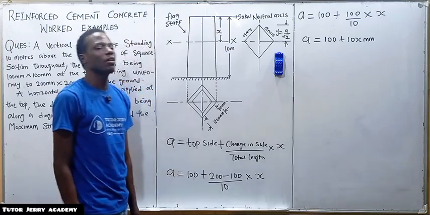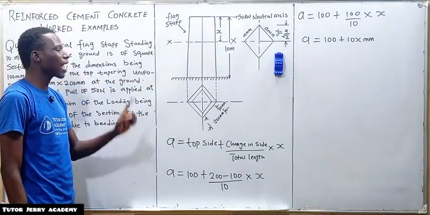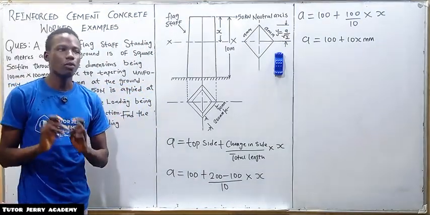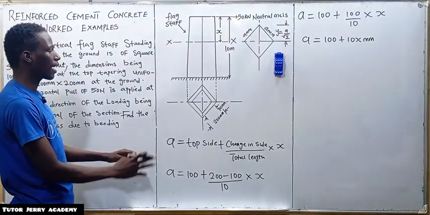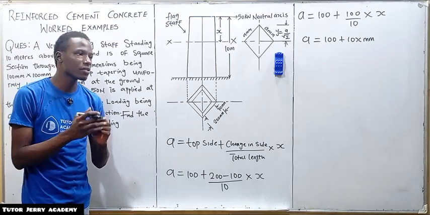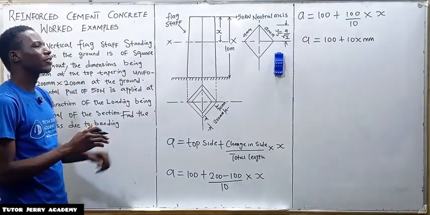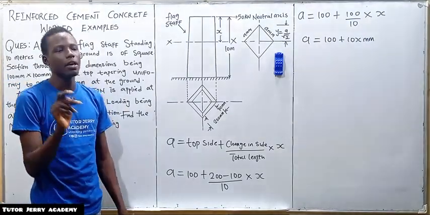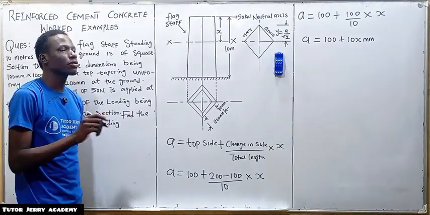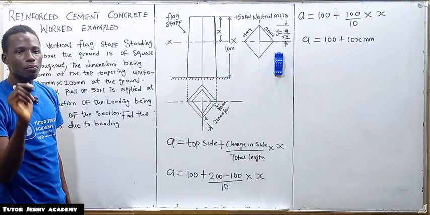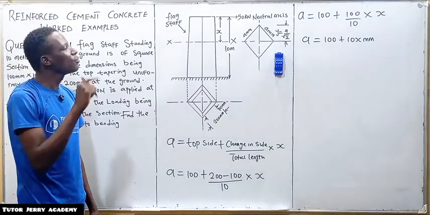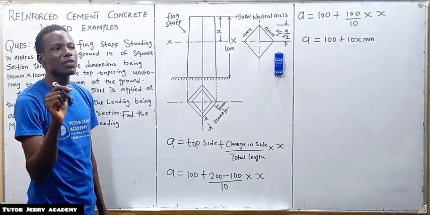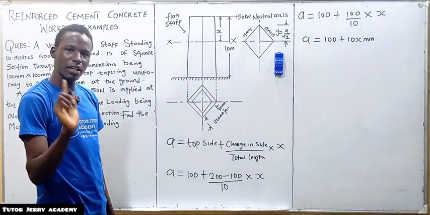Now bending occurs along the diagonal of the square, and we know that the formula for the diagonal of a square is D equals A multiplied by the square root of 2, where A is the length of the side at any section. Take note of all of this.